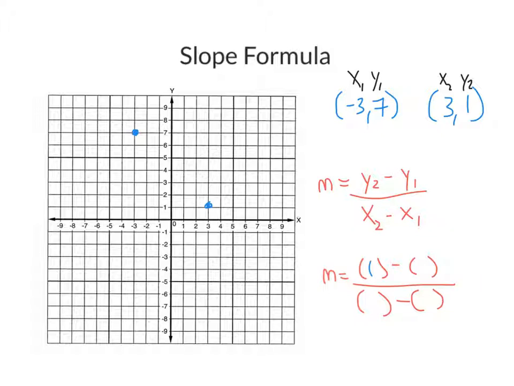That is 7. Similarly, down below, what belongs here? Well, that would be x2. x2 is 3. And then if you were to look closely, x1 is -3. Now, by the way, that's one of the reasons why I use parentheses, because do you see how it's minus -3 right there?